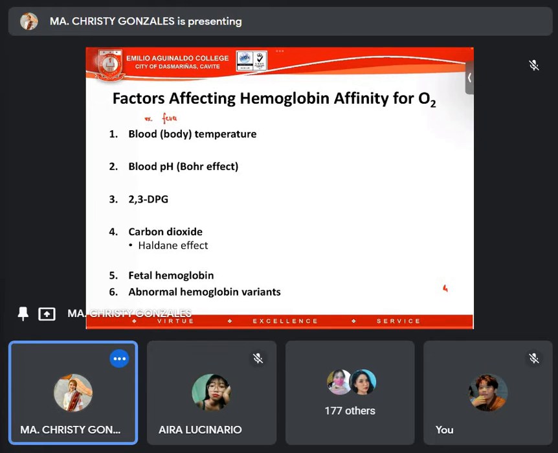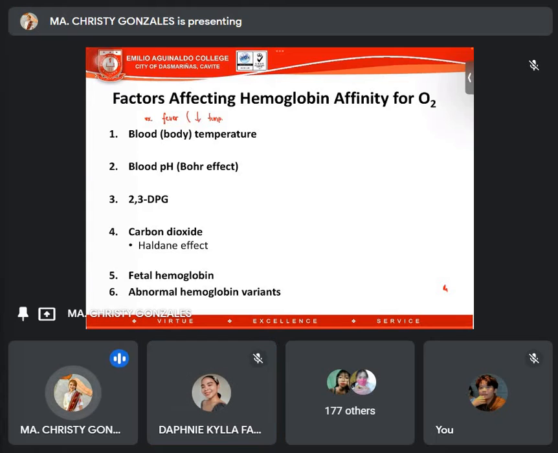Okay, fever. What happens to the temperature kapag may fever tayo? You have low temperature. Okay, so what will happen to your oxygen dissociation curve? Right or left? Left. That would be shift to the left.